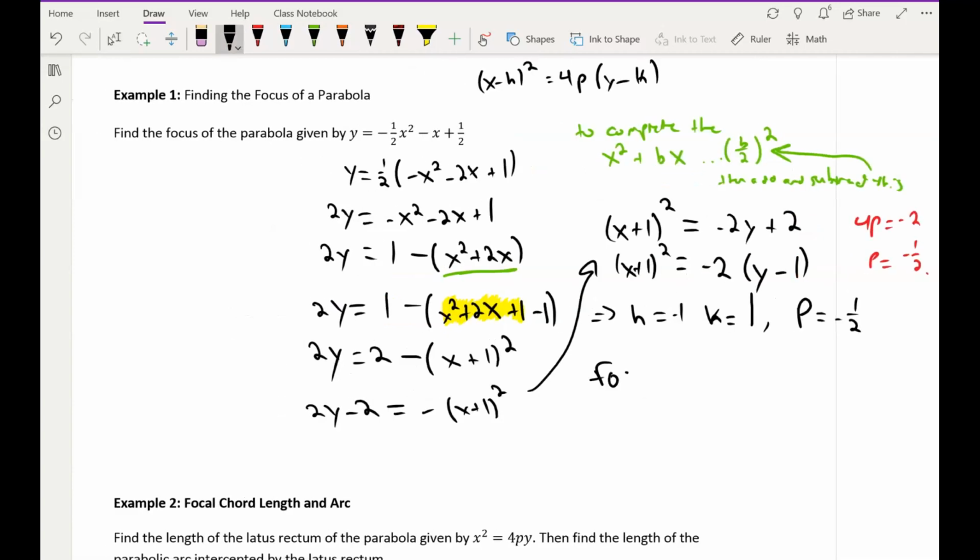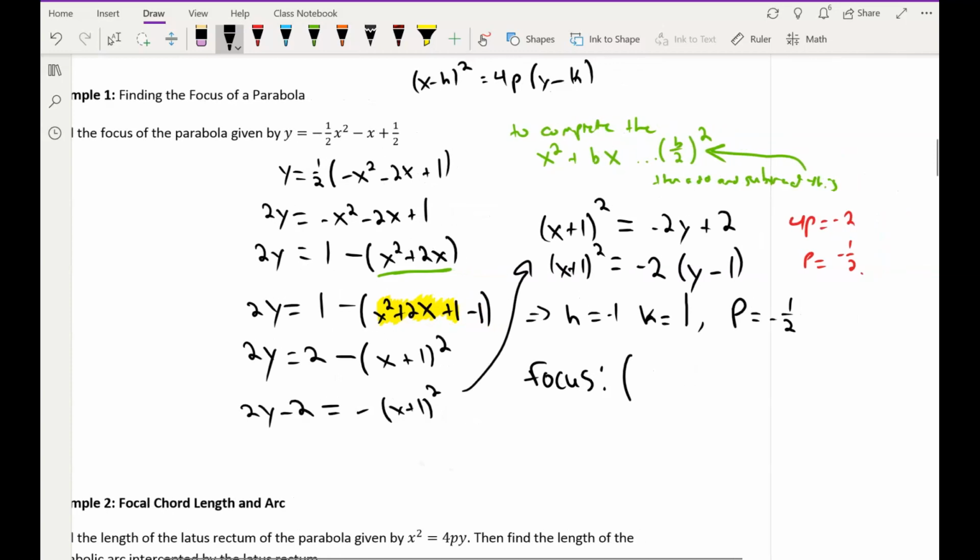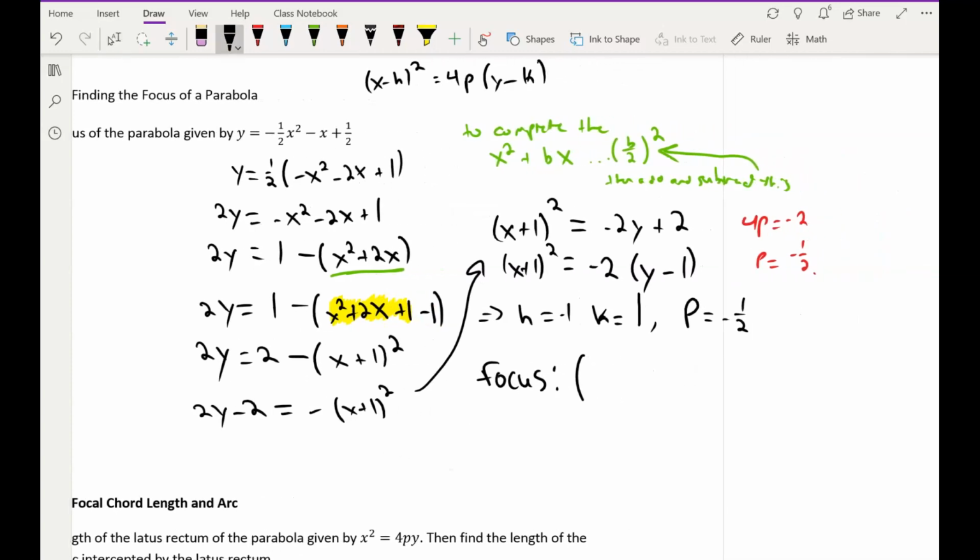That's all we have to do here. Since we have a vertical axis, remember we have (x - h) squared, this is going to open up or down. Our center is going to be that h value, which is -1. Then we take our k value, which is 1, and add that p value.